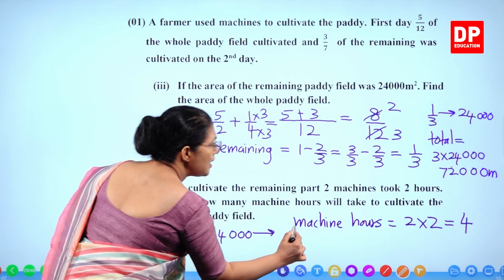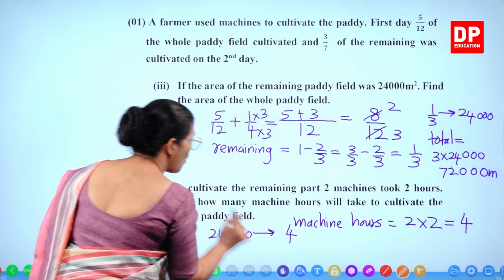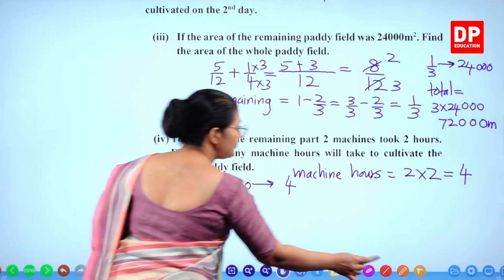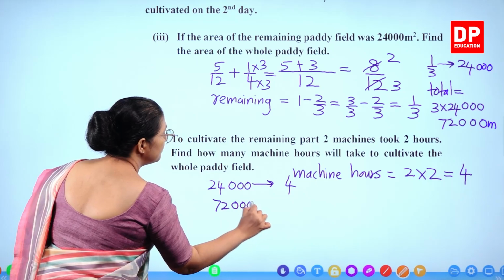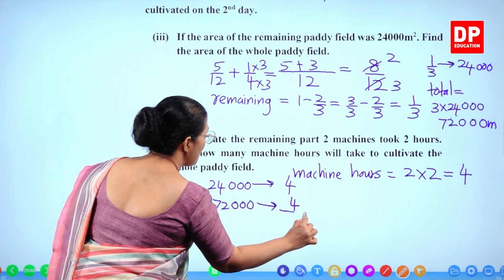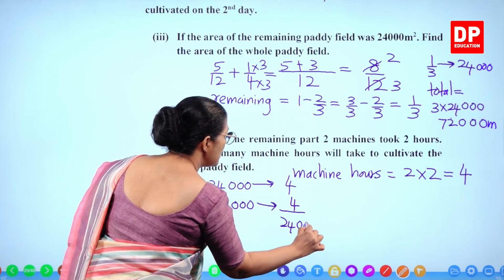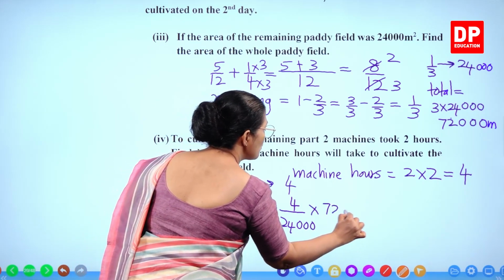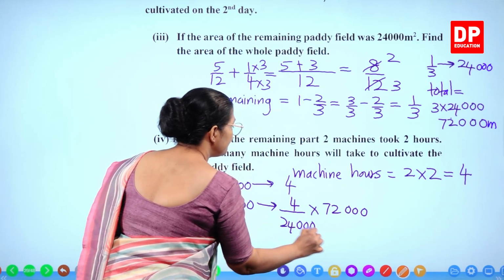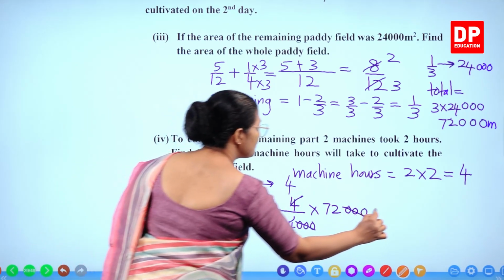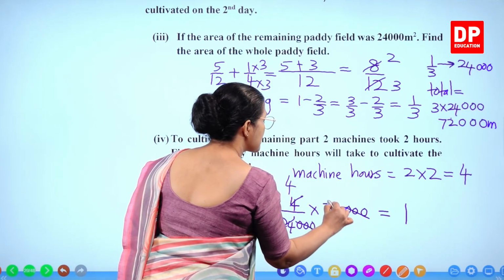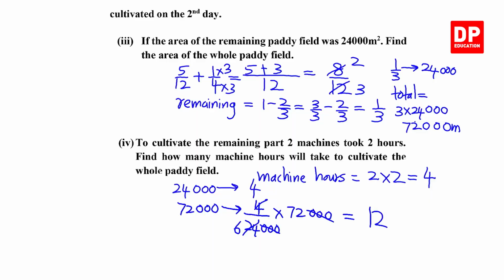For 24,000, you need 4 machine hours. What about the whole area? 72,000. 4 divided by 24,000 into 72,000. 6 times 1, 6. 6 times 2, 12 machine hours needed.